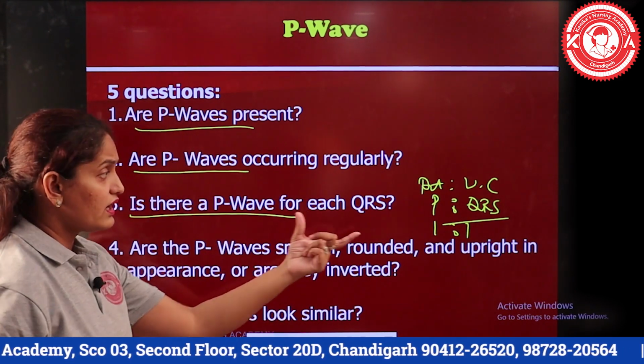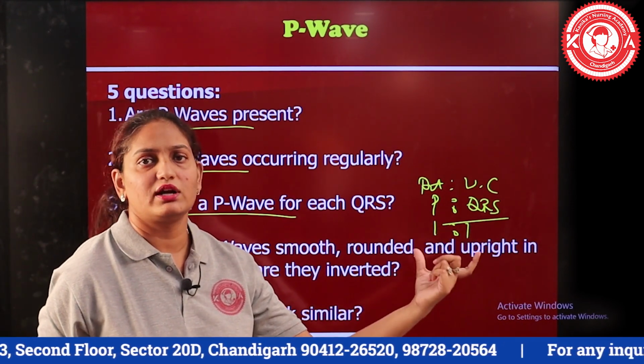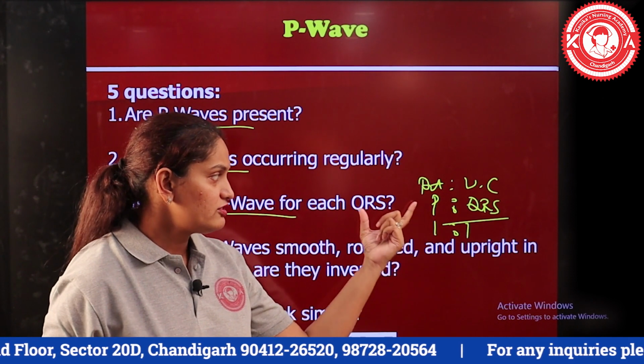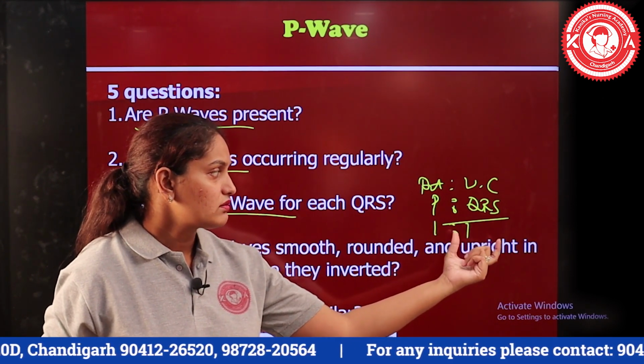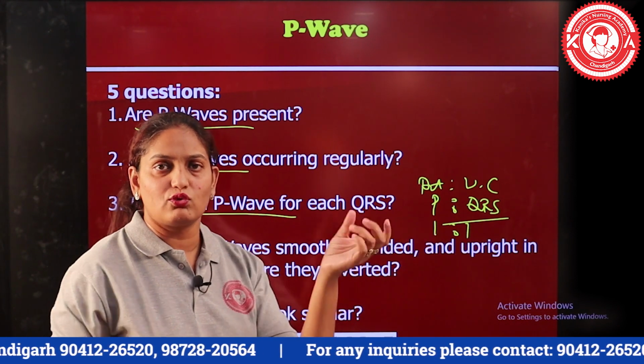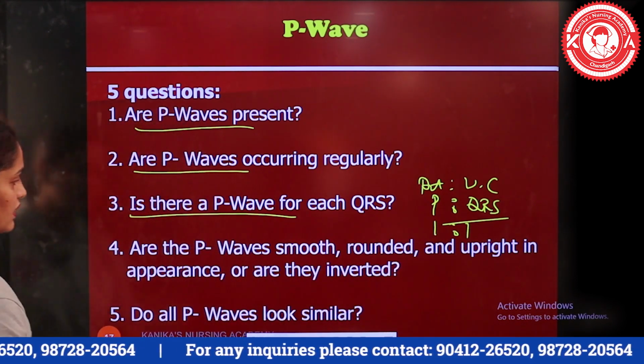But if there are variations in this number, as in atrial flutter or atrial fibrillation, the frequency of P will become more, and there may be a single QRS for 2, 3, 4 Ps. In that case it will be counted as abnormal.